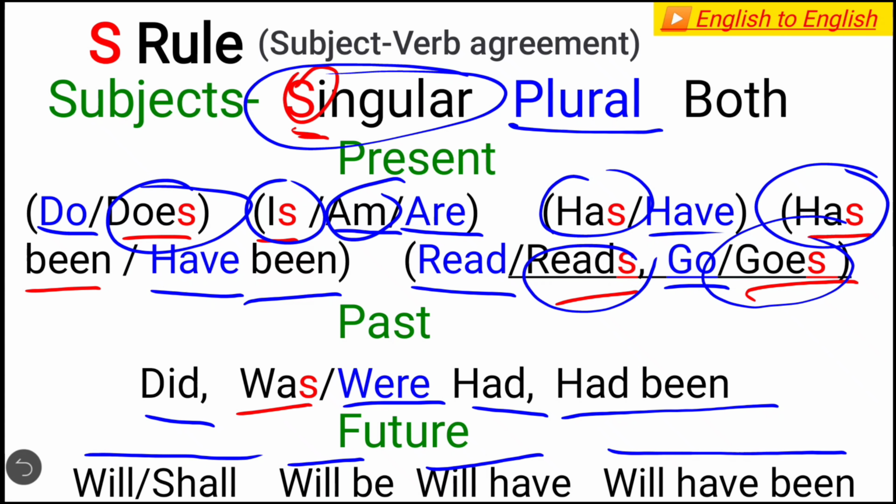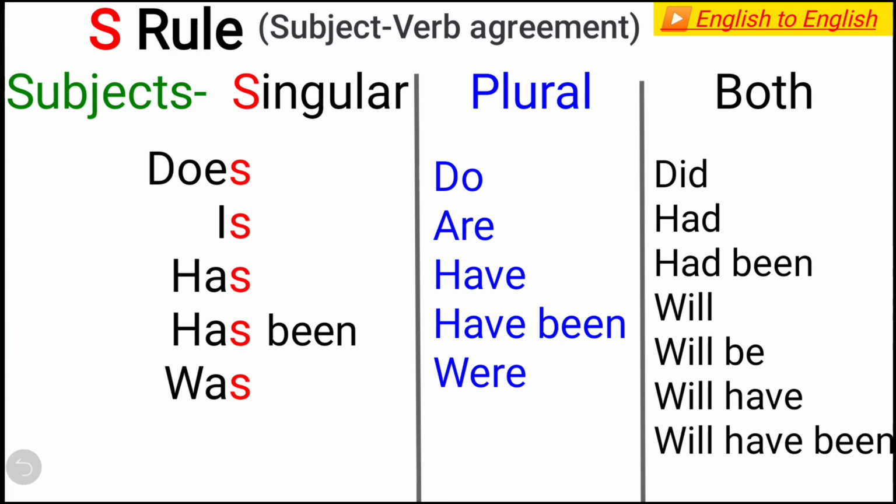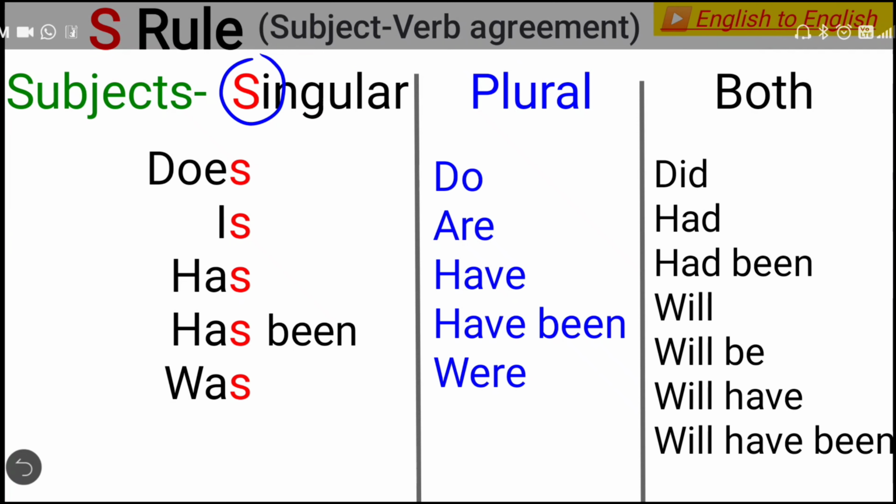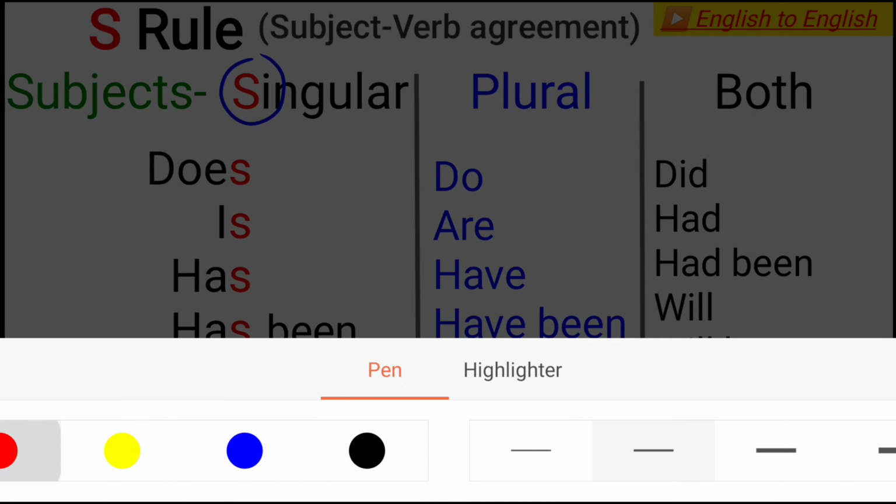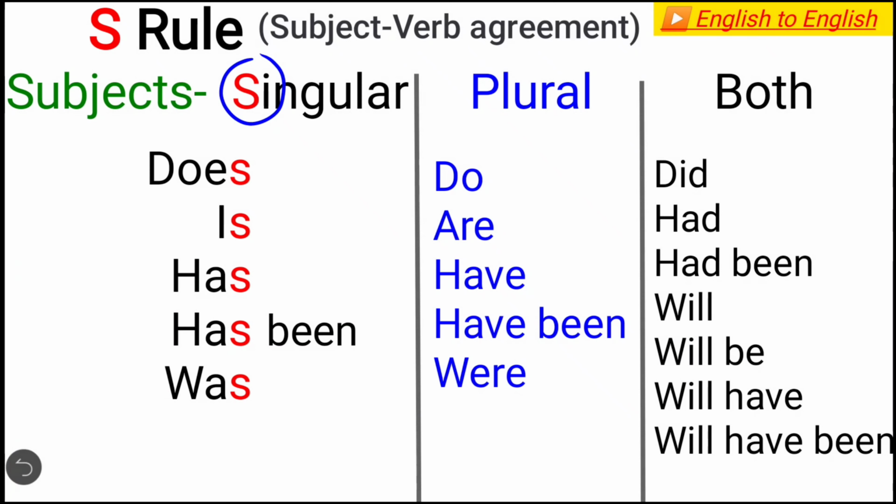So let's move ahead and know about it in an easy way. We have to match them actually. The word singular contains S, and the helping verbs that contain S in it like does, is, has been, was will be used with singular subjects, because singular contains S and these helping verbs are also containing S. We have to match them actually like this.